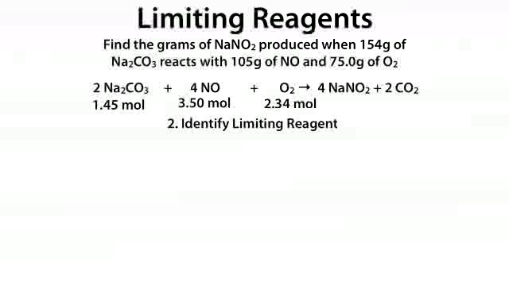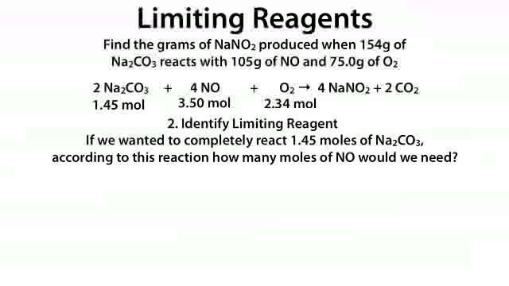So we'll put our number of moles up here to clean it up, and we'll start by asking Na2CO3: if we wanted to completely react 1.45 moles of Na2CO3, according to this reaction, how many moles of NO would we need?